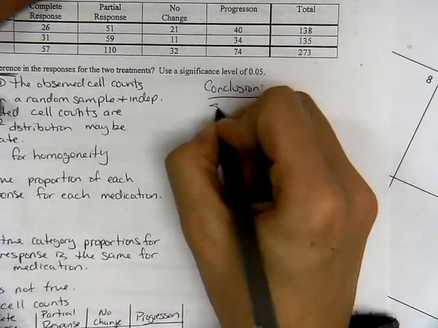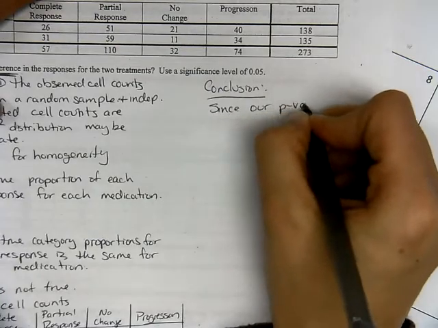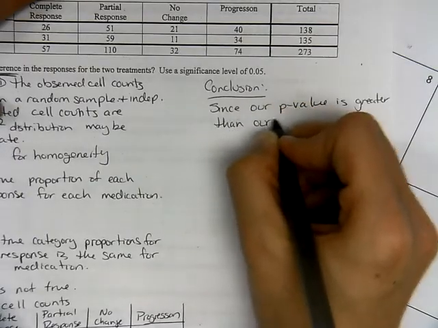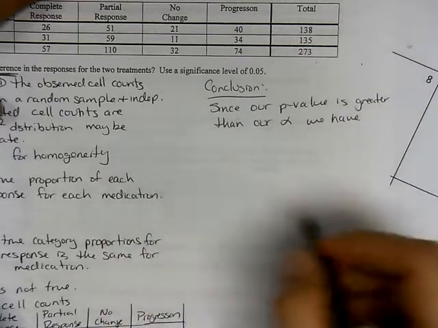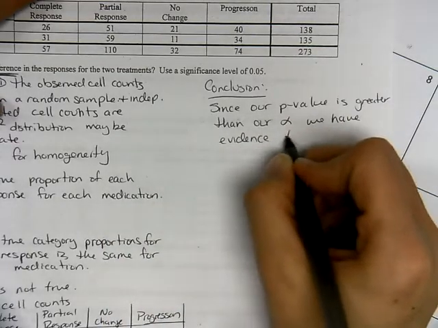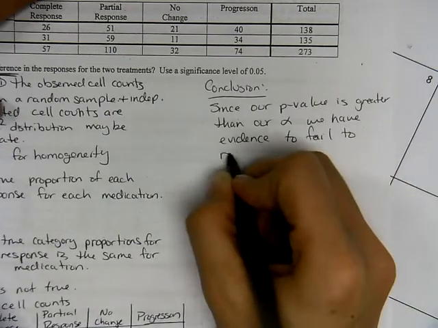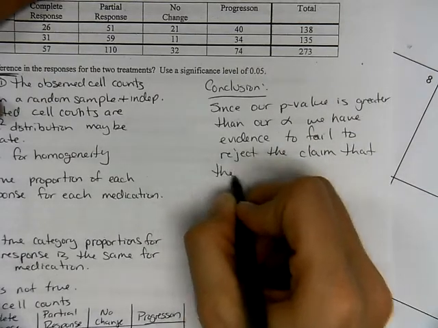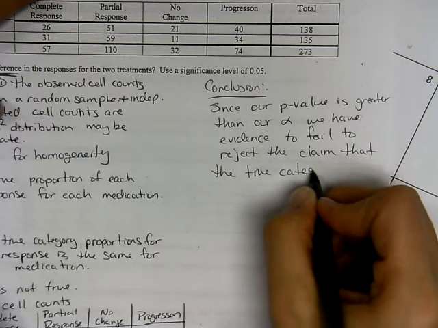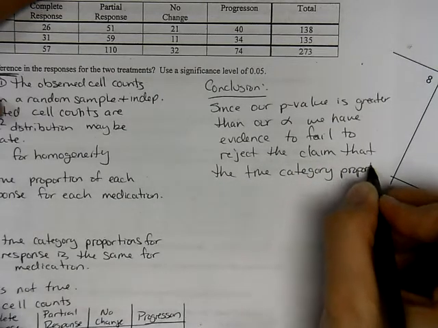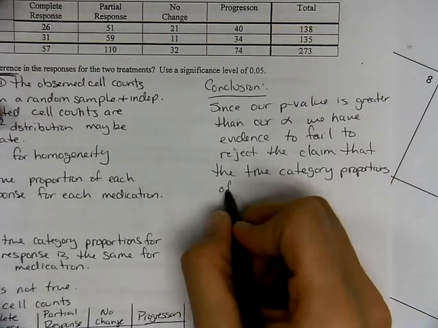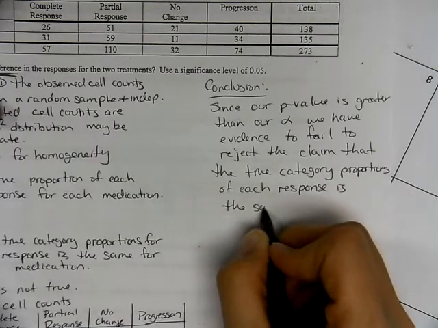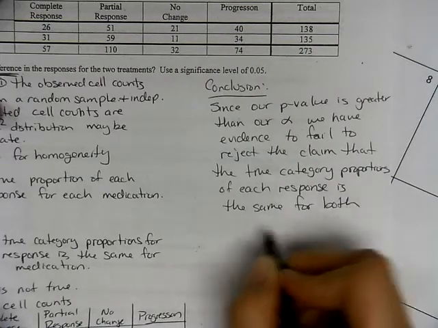So for our conclusion, since our p-value is greater than our alpha, we have evidence to fail to reject the claim that the true category proportions of each response is the same for both treatments.